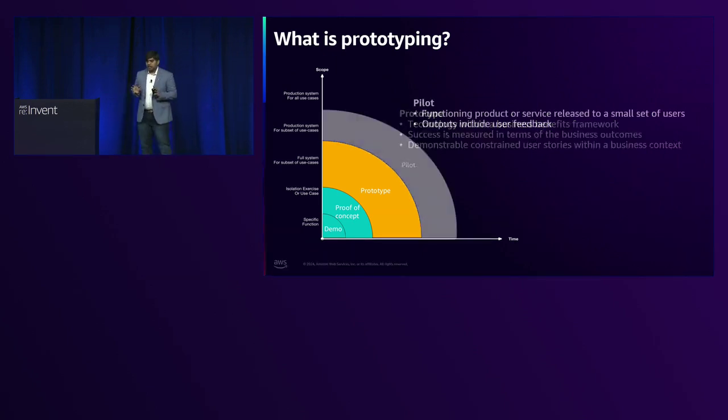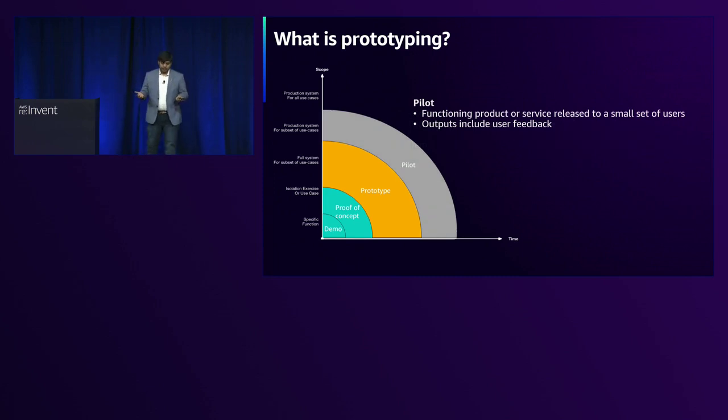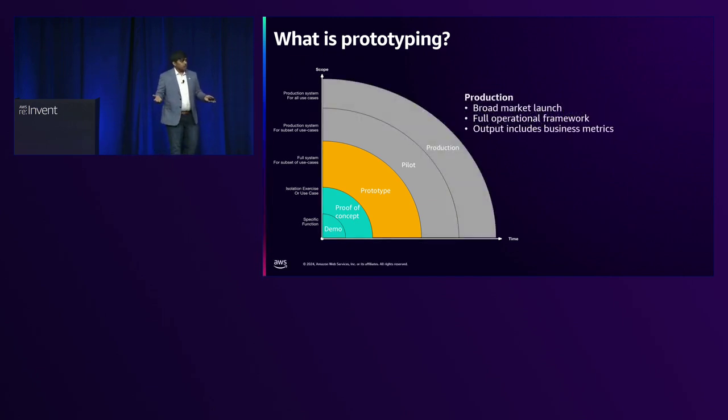Once the prototype is done, you release that prototype to a small set of users, be it internal or external, all while keeping an eye on the key business metrics, performance, technology and non-technology. Could be anecdotal feedback from your customers or a combination of all of this to measure the success of this prototype. Once the pilot is done, obviously you do a broad market launch where you roll it out to all the production users.